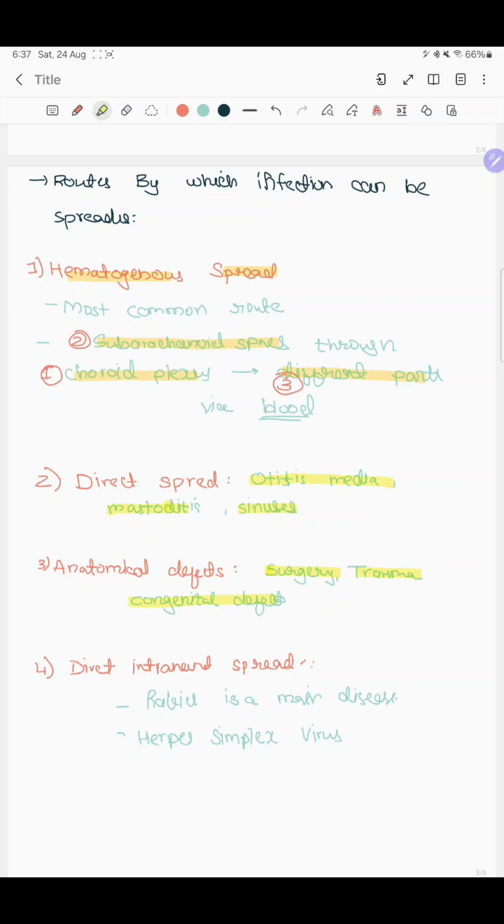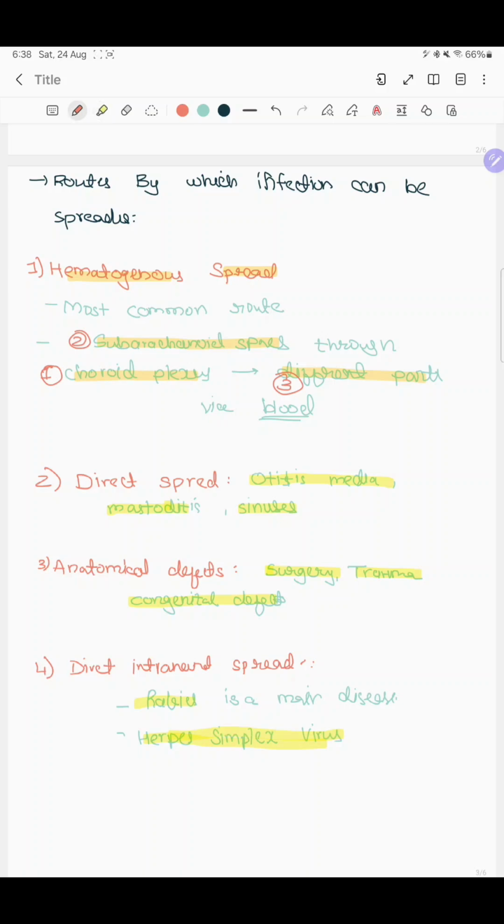The fourth is direct intraneural spread. This is the least common method of spread of infection, but there are mainly two organisms or diseases by which spread can occur. One is rabies and the second is herpes simplex virus.